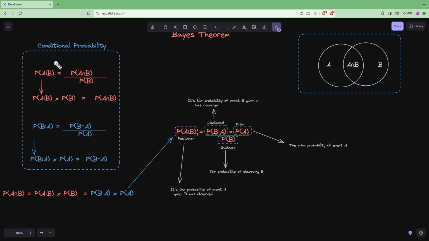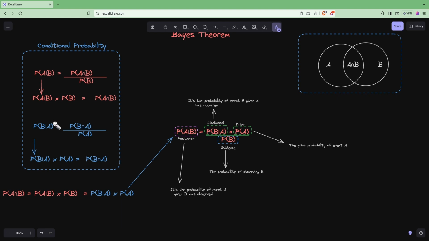Now we have two cases here. The first one is the probability of A given that B has already occurred. We can get this probability, which is the probability of A intersection B divided by the probability of B. The second one is the probability of B given that A has already occurred.